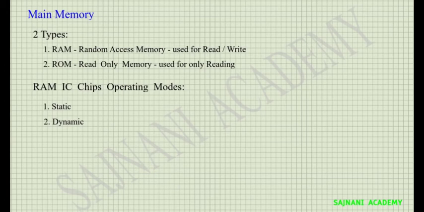This type of memory requires continuous refresh because of the property of the capacitor, that even when the capacitor has a voltage supplied, it has a tendency to discharge with time. So that means whatever information is stored in the dynamic memory, even though there is power, the tendency is to lose the information.